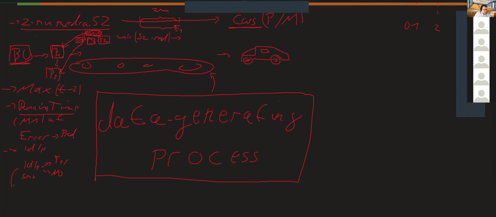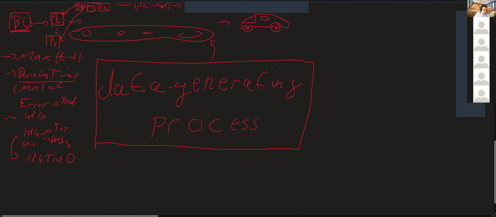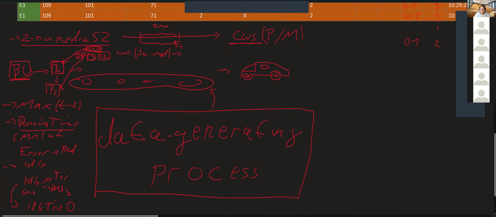And then we can have another variable, idle time. If it wasn't idle before, then the idle time would be 0, of course. But if yes, then we would like to know what the idle time is. And these are all variables we can use, right?